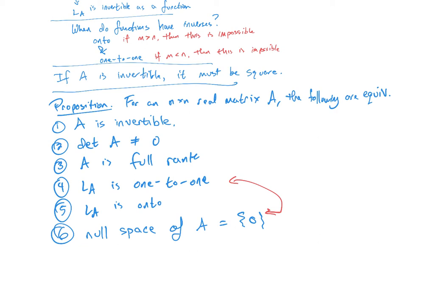In the lecture notes, I've also got that it has a left inverse, which means that there's a matrix B so that B times A is the identity, or it has a right inverse. Having a left inverse actually means you have a right inverse and vice versa. Usually when we say invertible, we mean you have both a left and a right inverse, but it only takes one.